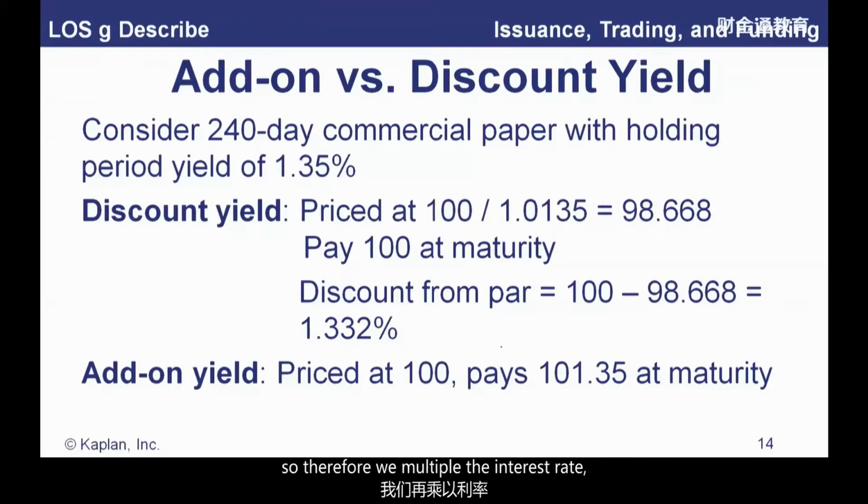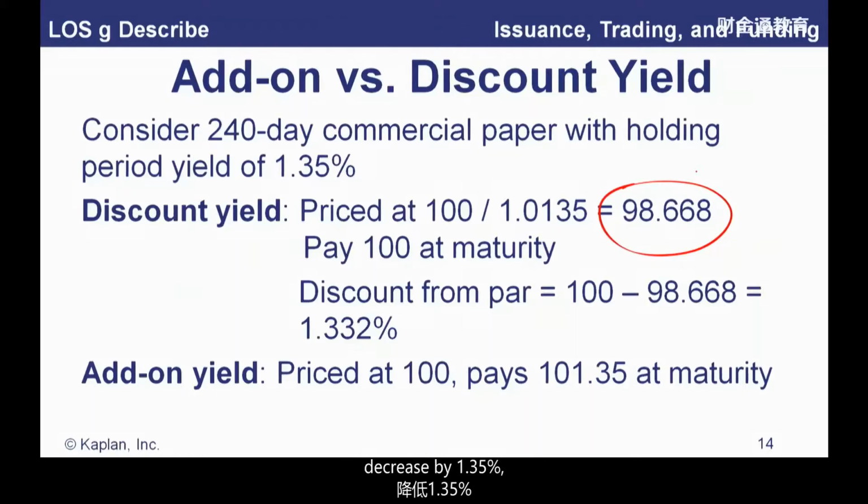So then, well, here it is right here, 98.668. If we multiply that times 1.0135, increase it by 1.35%, that gets us to 100% of face value, which is what it will pay at maturity. And then the discount, of course, is just the difference between those.